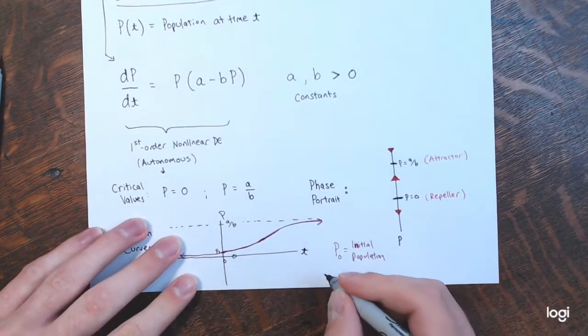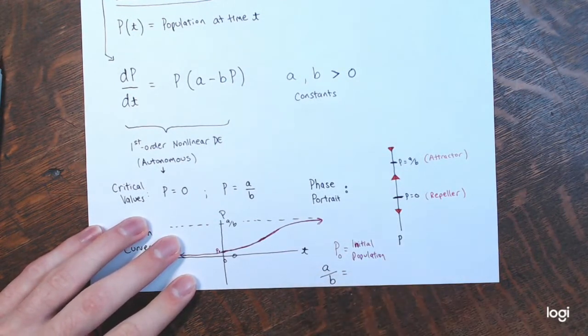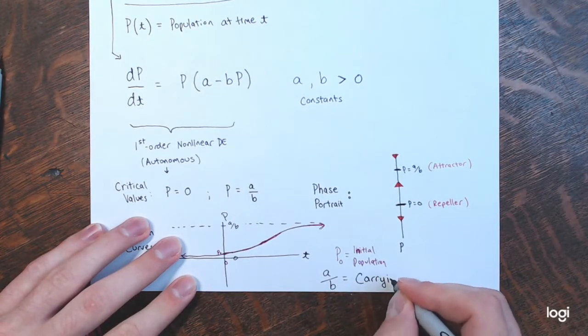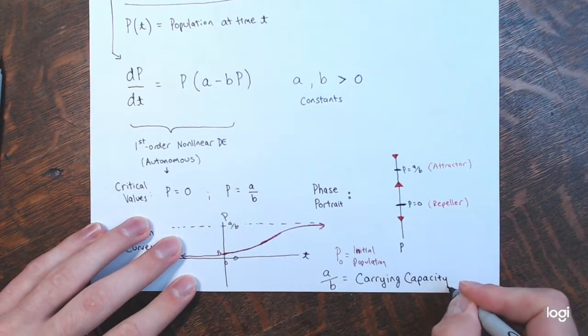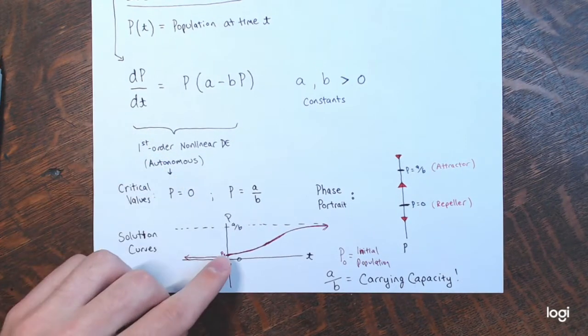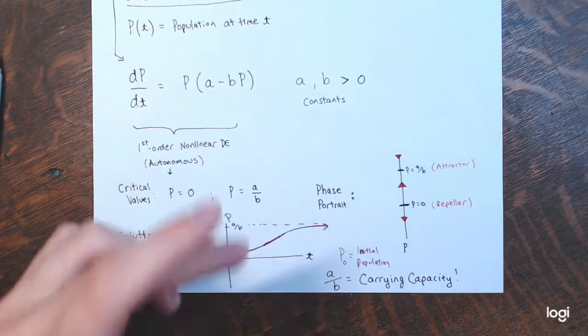This a over b is sometimes referred to as the carrying capacity. It's like, in this particular land or whatever, the population will never exceed a over b. Right? And if it were, that would be catastrophic. There's not enough land, not enough resources to support more than that many people.